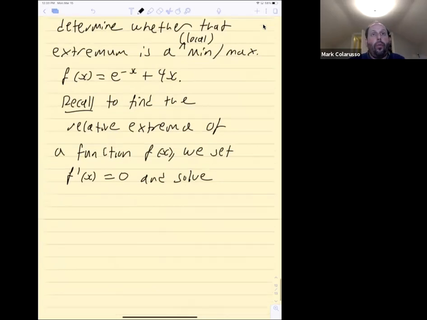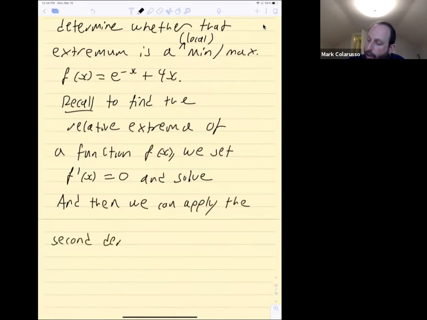And then when we have those solutions, we can apply the second derivative test to the solutions. In the very rare event that the second derivative test fails, we can go back and do the first derivative test. Hopefully it doesn't happen.